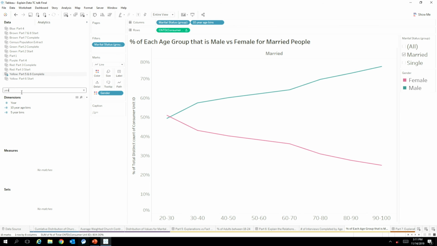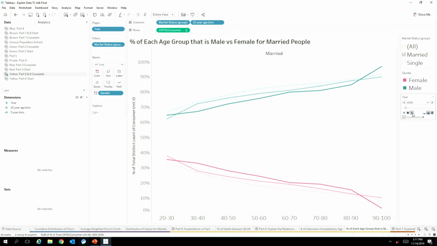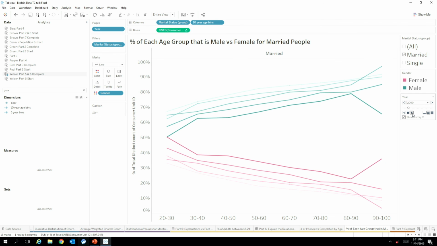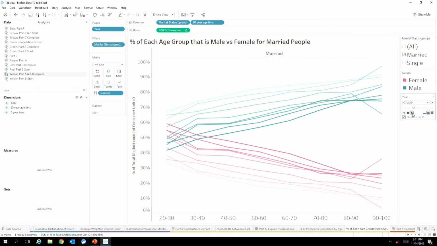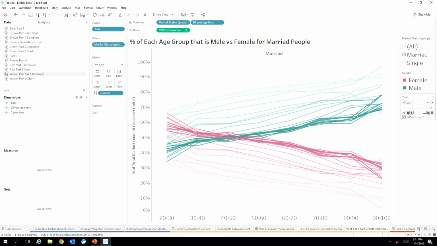And watch what happens when we animate this by year. 1996. And over time, they converge and converge more and more. So if you go back to the original question of whether married women are more reliable, and that is why married women are completing more of the surveys, it is not true at all.